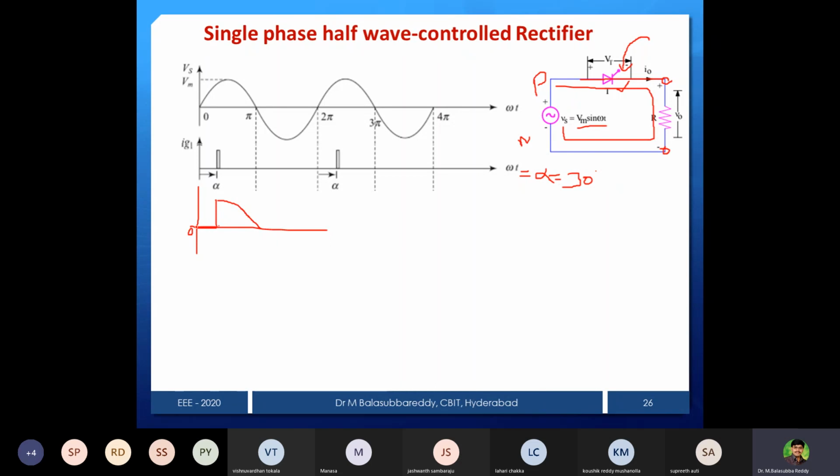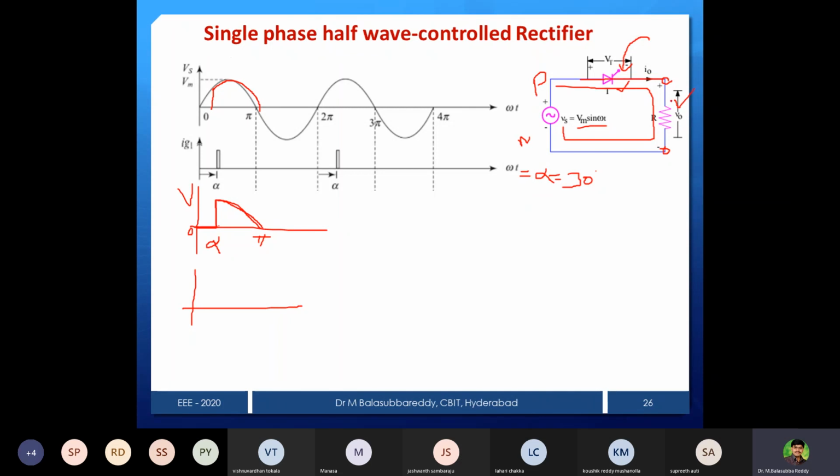At an angle of alpha only, we are providing the pulse to the thyristor, so from alpha to pi we get the same output as the source voltage. That's all for the output voltage. Now I want to draw the current. How will you draw the current? Here the load is a resistive load.